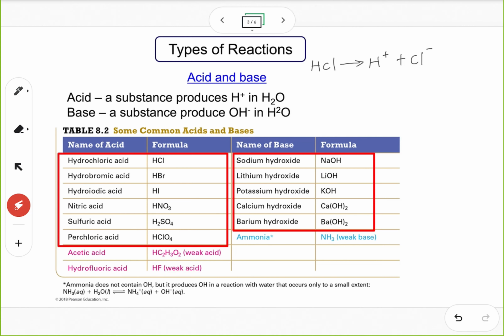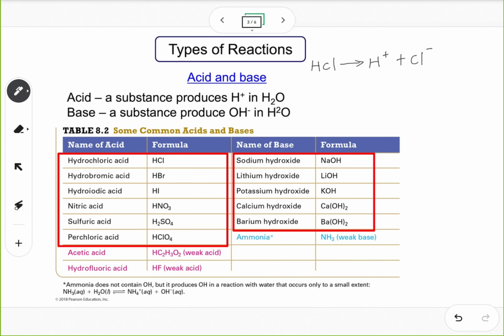This table shows you some common acids. Those acids highlighted by this red square are required. In other words, if I give you the formula of those acids, I expect you know, first, they are acids, and second, what kind of ions they can produce.